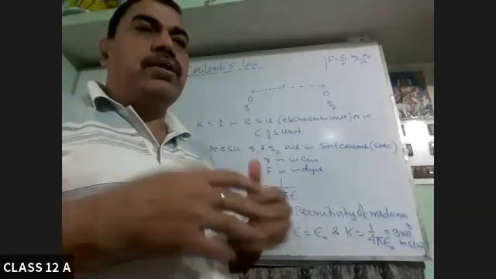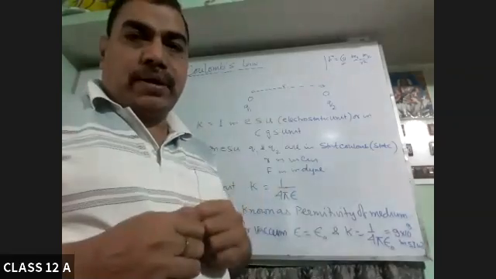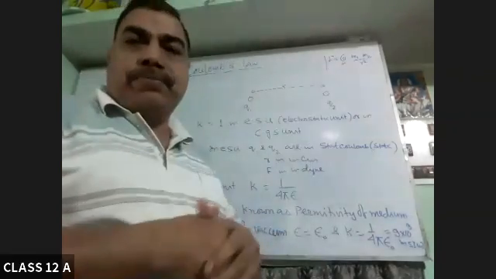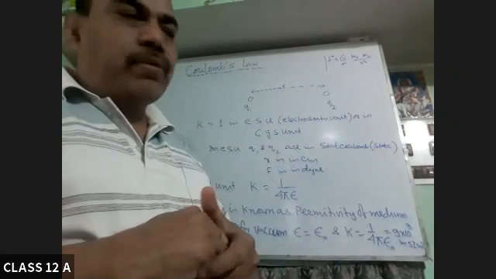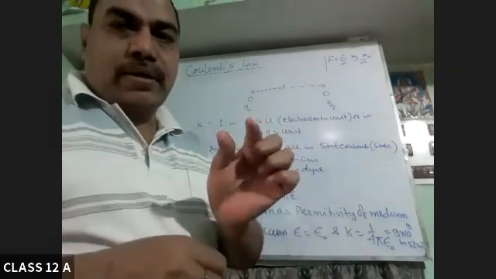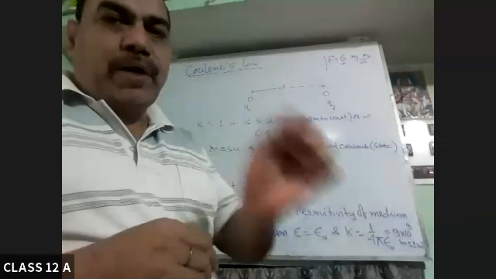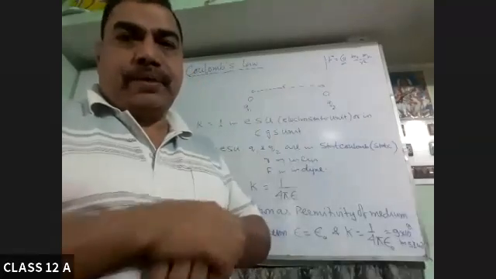So we sometimes call it space symmetry or volume symmetry, that is, it is three-dimensional. Like the volume of a sphere, 4 by 3 pi r cube, so 4 pi is there. Whatever volume you consider, 4 pi will come.